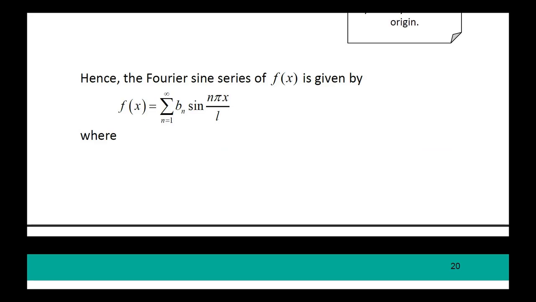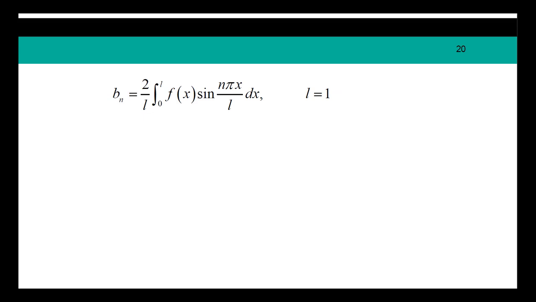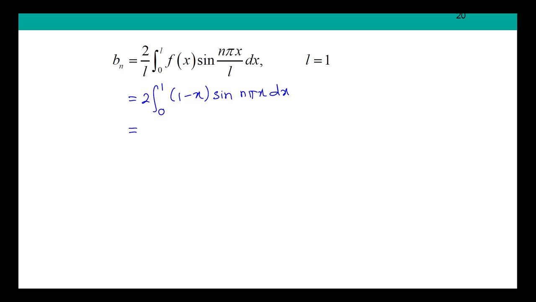So same thing, you need to use this formula for Fourier sine series, which is you need to find what is Bn only, where a0 equal to 0 and an equal to 0. So 2 over 1 from 0 to 1, f(x) is 1 minus x, and then sine n pi x divided by 1. So we get like this. So integrate.